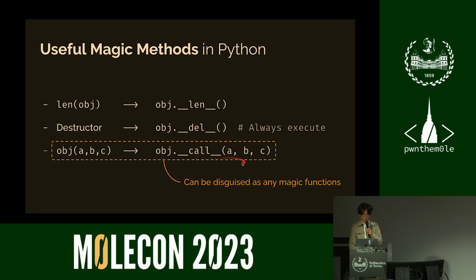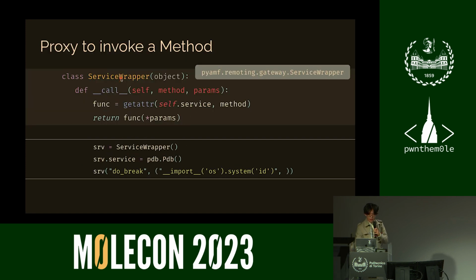So it's a pretty useful gadget. Here is like a proxy to invoke a method, which is service wrapper. It has a call magic method here, and it accepts method and parameters as two arguments.